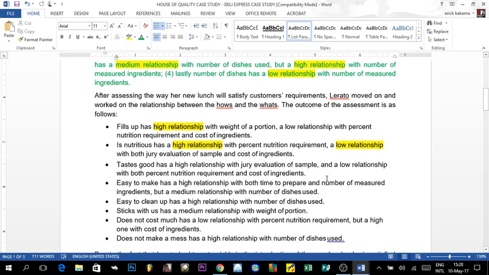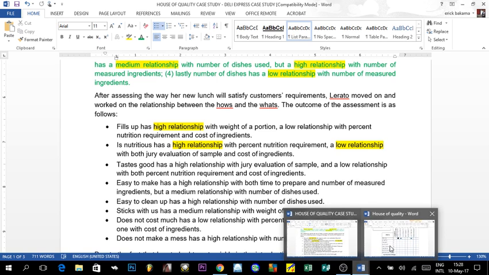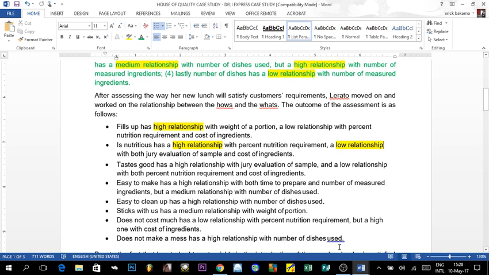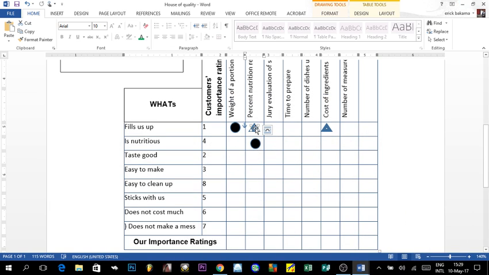They say that it has a high relationship with the percentage of nutrition, which is the second row, but it has a low relationship with both the jury evaluation of samples and the cost. So the relationship is low between the jury and the cost.